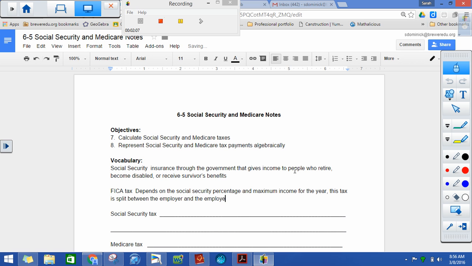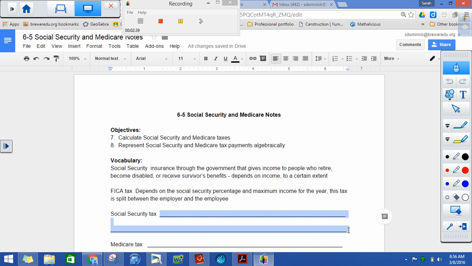Your Social Security depends on your income to a certain extent. So what I mean by that is that there's a maximum income they will tax. After that, it doesn't matter how much you make, they're going to take the same amount from you. So Social Security tax, and that's kind of what I was just talking about up there.